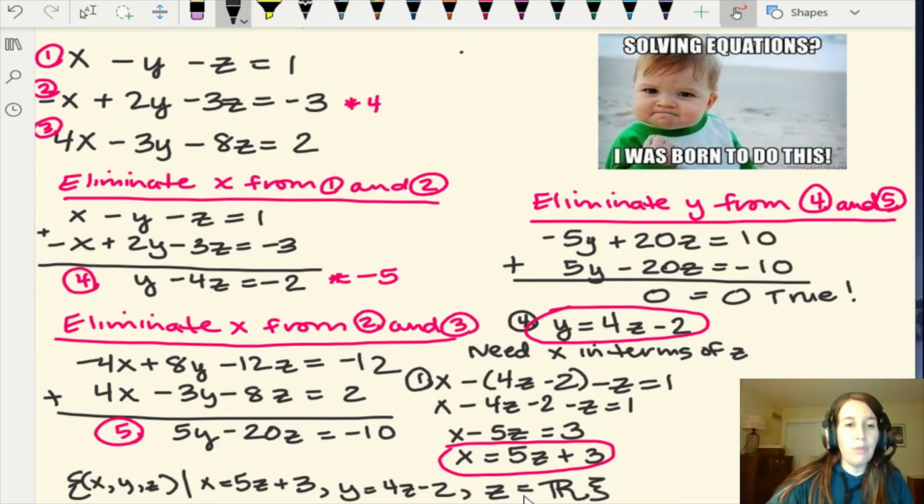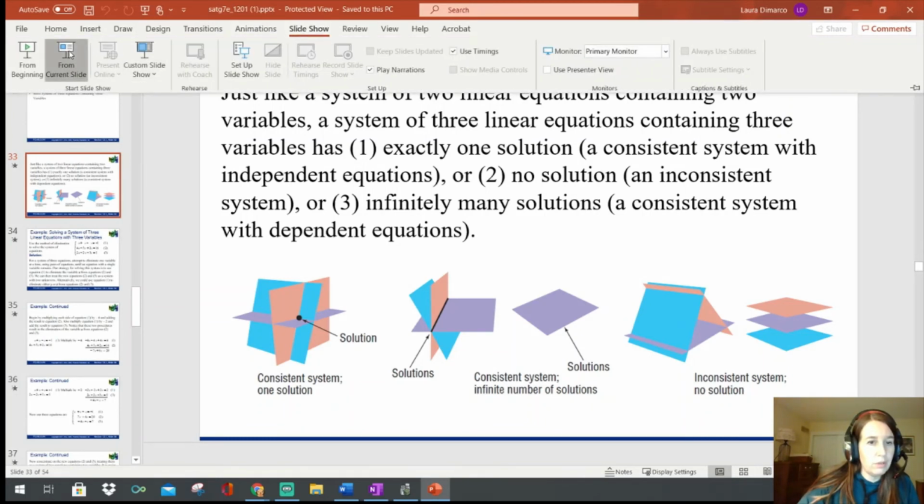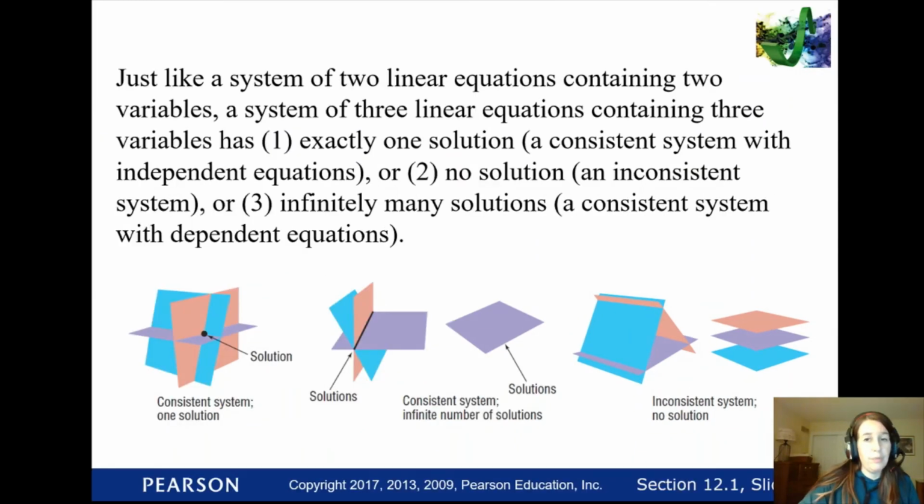And now before we go, I want to show you the diagram of how these 3 parts look. So let me make this as big as possible. As it says, just like a system of 2 equations containing 2 variables, a system of 3 linear equations containing 3 variables has exactly 1 solution.